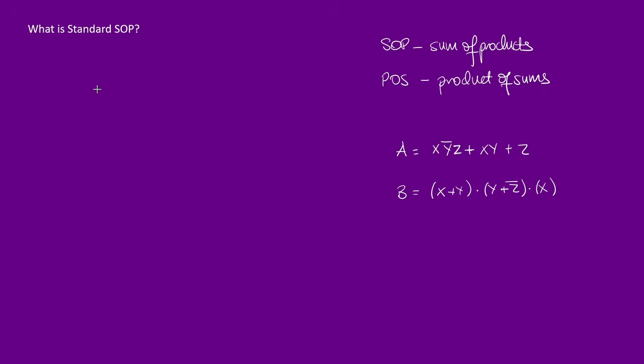So a standard SOP usually means a Boolean expression where each term in the domain maps to each term in the function.